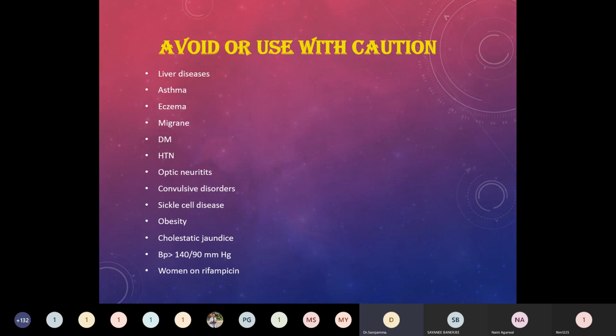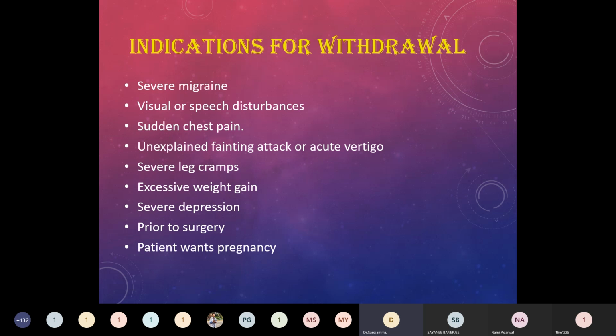Where we can use the tablet with caution are liver disease, asthma, acne, hirsutism, migraine, diabetes, hypertension, optic neuritis, convulsive disorders, sickle cell disease, obesity, cholestatic jaundice, BP more than 140/90, and women with rifampicin, where we have to be aware of the drug interaction.